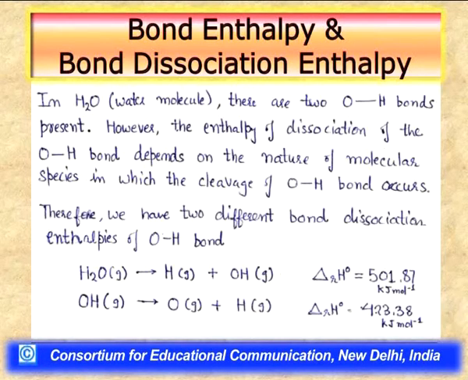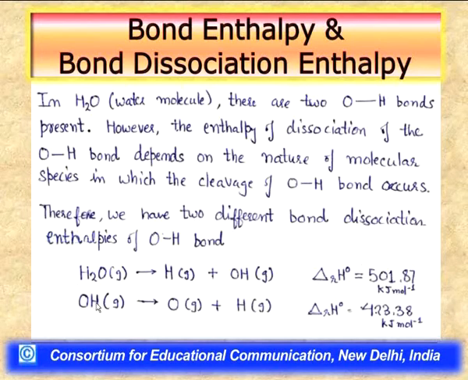In water we have 2 equivalent OH bonds, and whenever the first of the two OH bonds undergoes cleavage, we need to provide heat in order to dissociate this OH bond. Correspondingly we have the bond dissociation enthalpy of the first step, because we have dissociated the OH bond in the water molecule, and that represents ΔrH standard, whose enthalpy change is 501.87 kilojoule per mole.